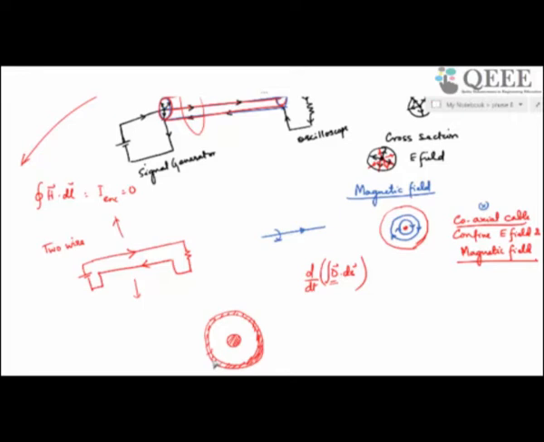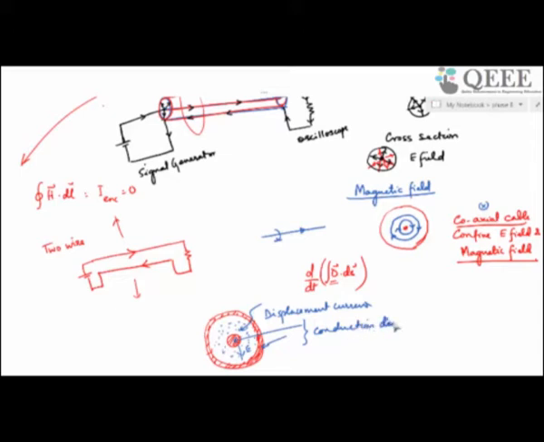It is physical flow of electrons. But where is my displacement current? I am going to mark the displacement current as a dotted region. My displacement current is here, because my electric field is here and displacement current is because of rate of change of electric flux density. So here is where I have my displacement current. And here is where I have my conduction current.